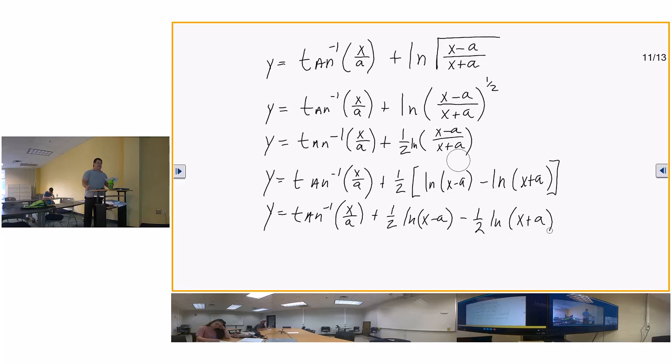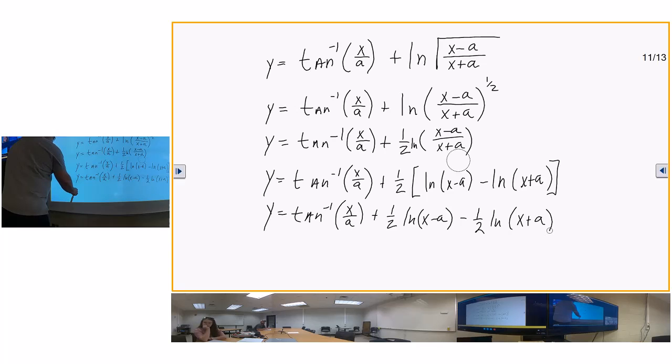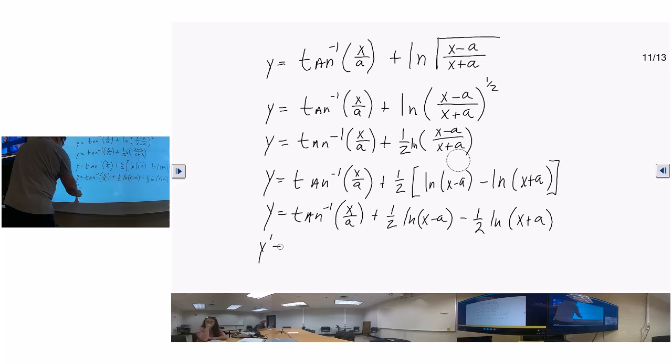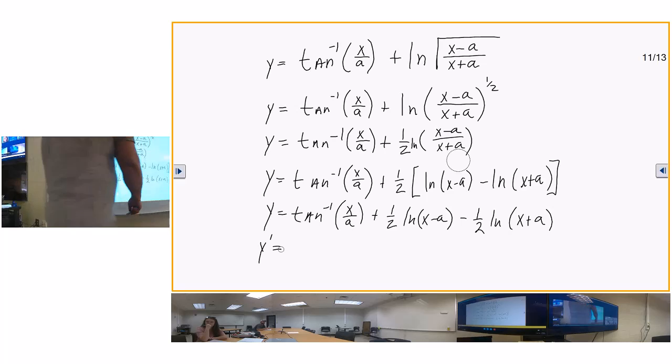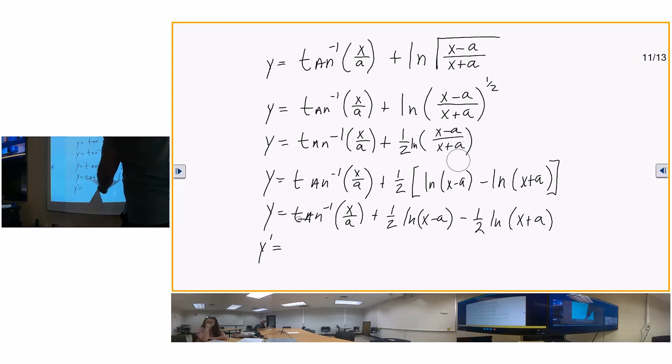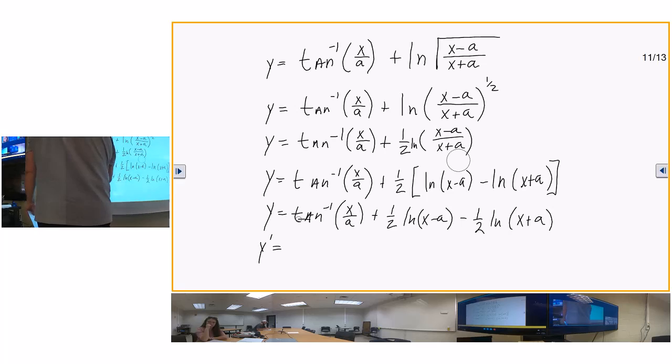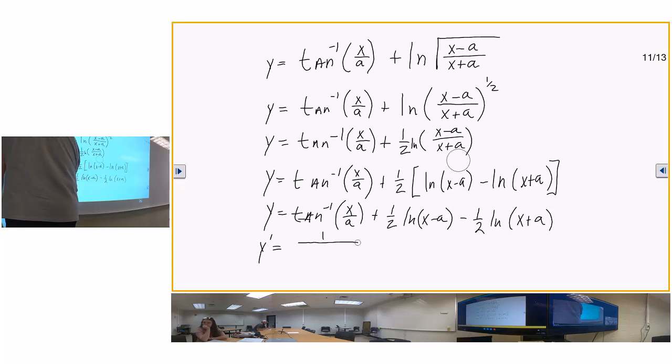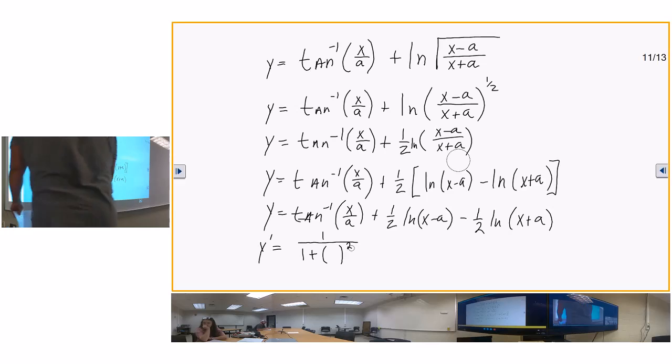So with the tangent, it does not have a radical. So y prime is equal to, and instead of the tangent right here, you're going to put 1 over 1 plus x squared. 1 over 1 plus parenthesis squared.